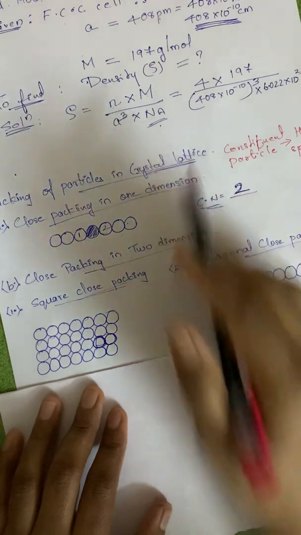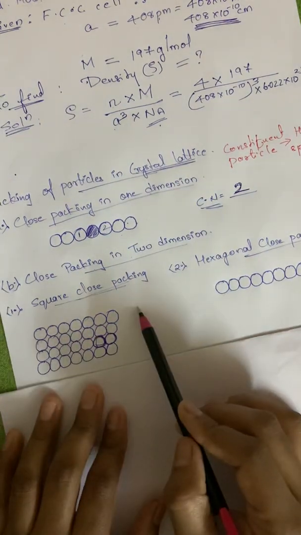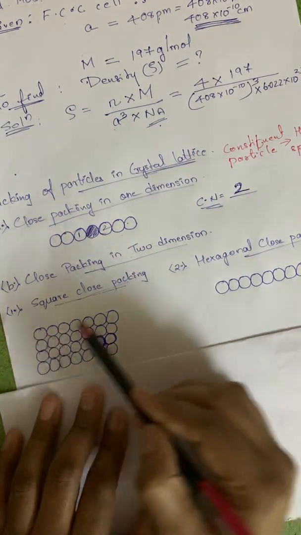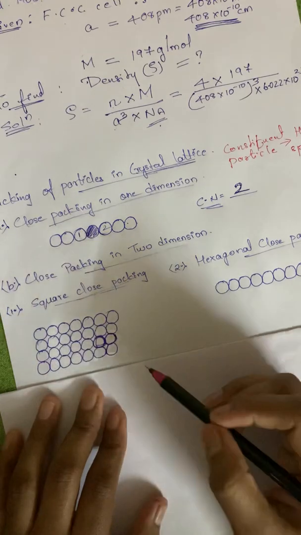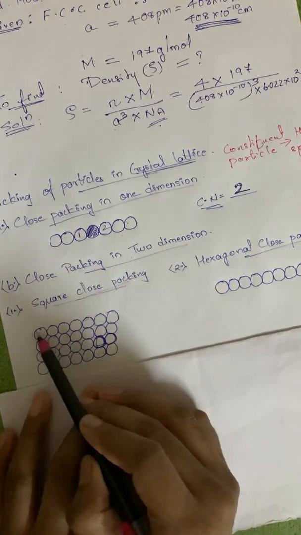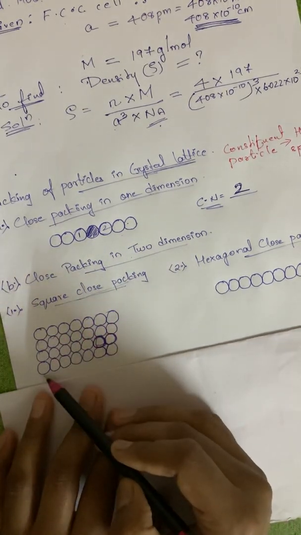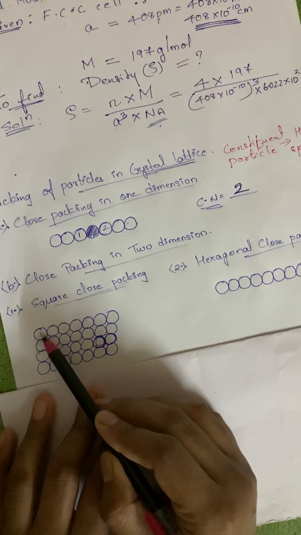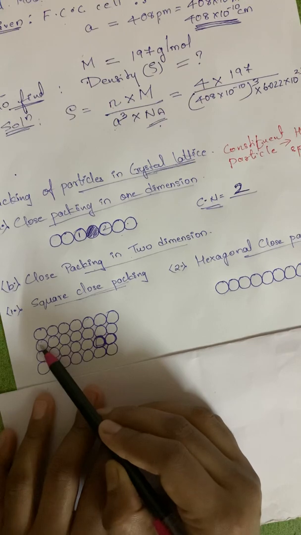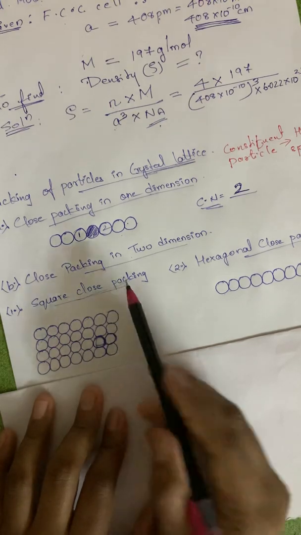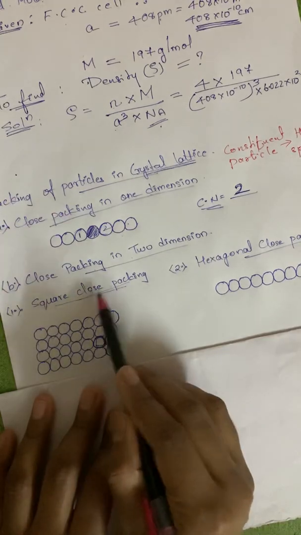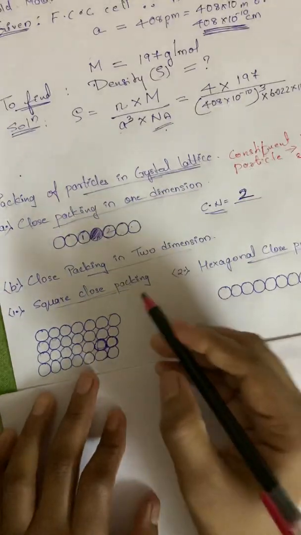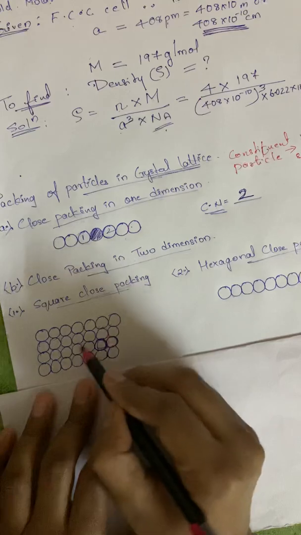So there is now an x-axis as well as a y-axis, that means horizontally and vertically they are aligned to each other. It should be kept in such a manner that the first sphere exactly comes above the second sphere. Then only we will get square close packing. Now why is it called square close packing? If we find the coordination number over here, we can select any one.